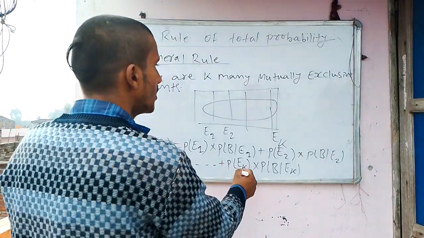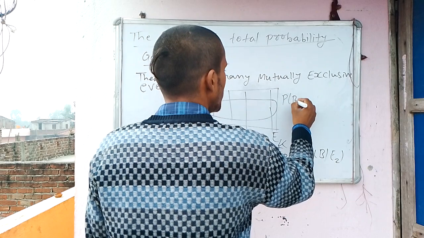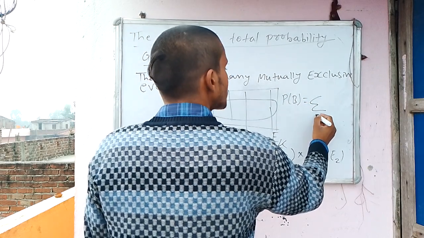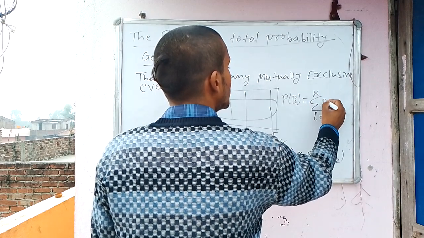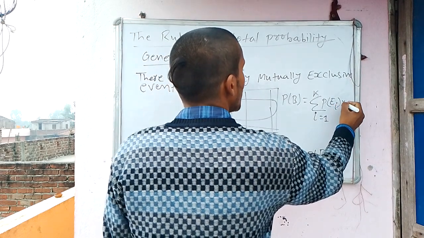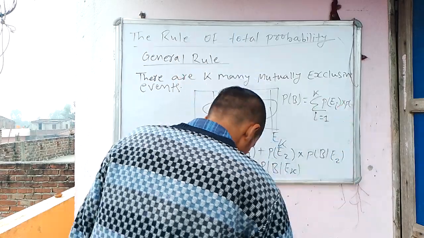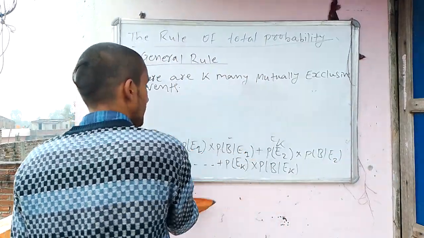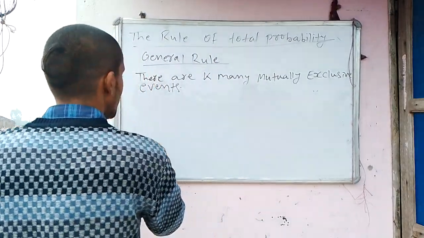In summation notation, probability of B is equal to the summation over i from 1 to k of probability of Ei times probability of B given Ei. There is no space here, so I'm going to write this in summation notation.